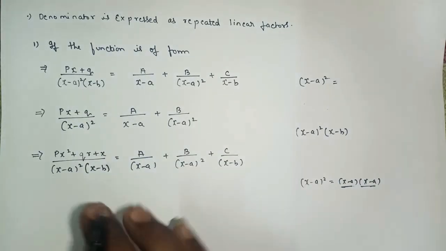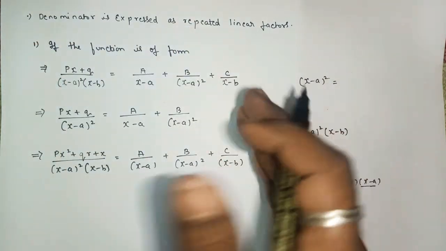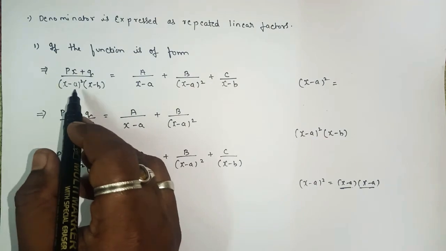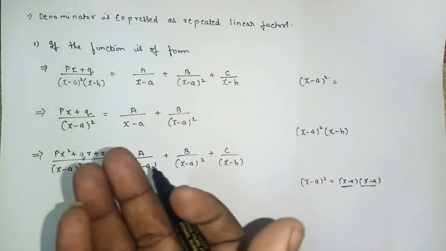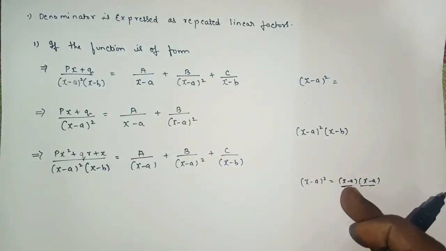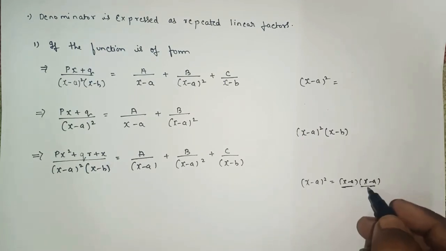So in simple language, how do we guess that the denominator is expressed as a repeated linear factor? It means you will have (x minus a) the whole square, which we can break as (x minus a), (x minus a). Clearly we have two same factors which are repeated.